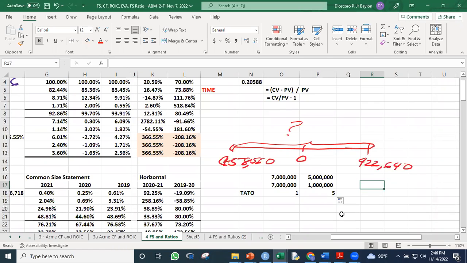So you can see here the folly of trying to analyze in bits and pieces. Of course, we can say that the company generated more sales. That's a fact, that our company had generated sales of 7 million while the competitor only generated sales of 5 million.